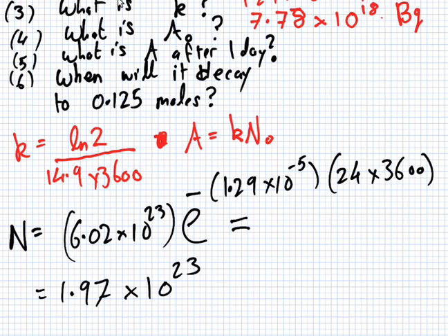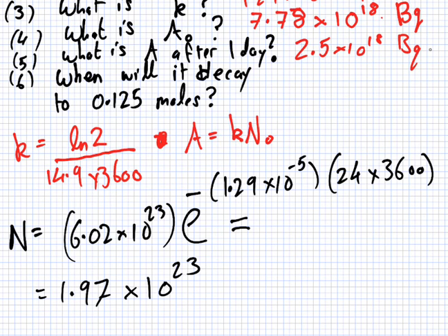So that's the n after 1 day. So how do you find the activity after 1 day? Just multiply this by the k, please, and tell me what you get. 2.5 times 10 to the power 18.